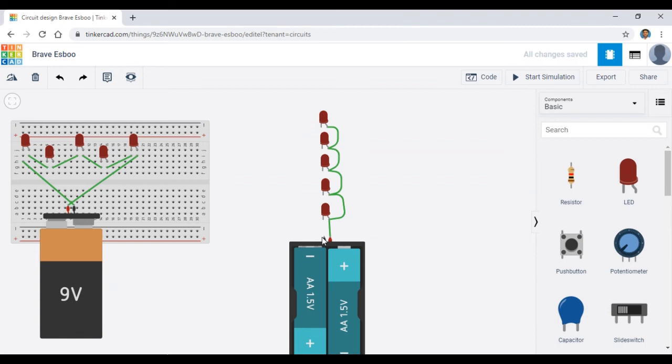Now I have to connect the negative with all the cathodes of the LEDs.